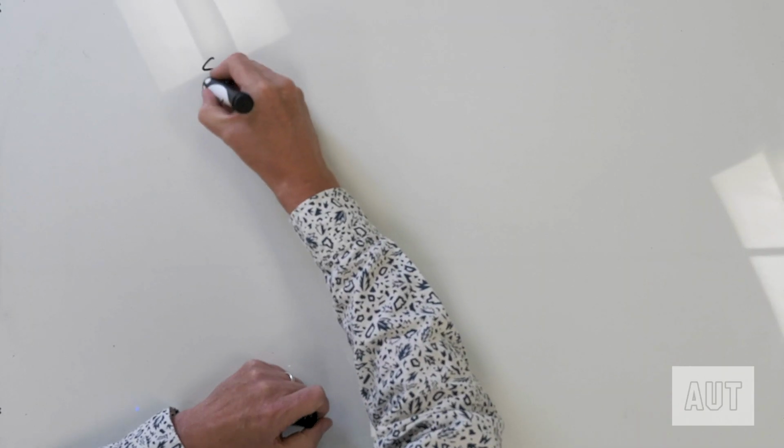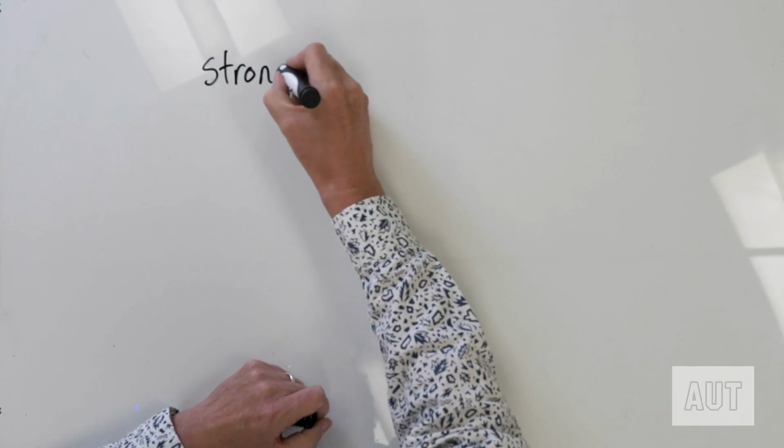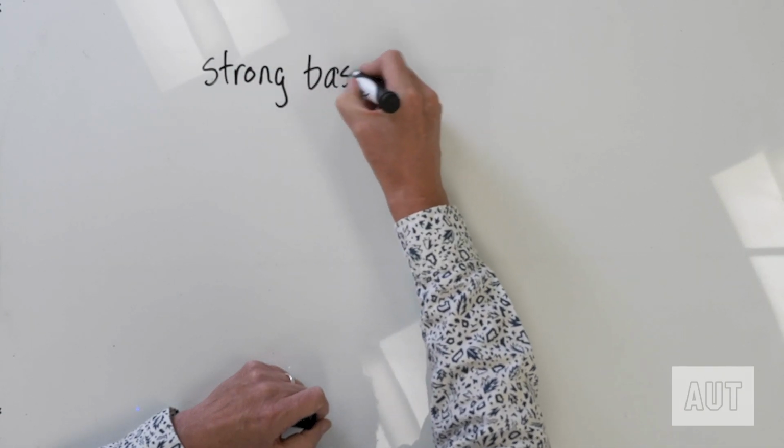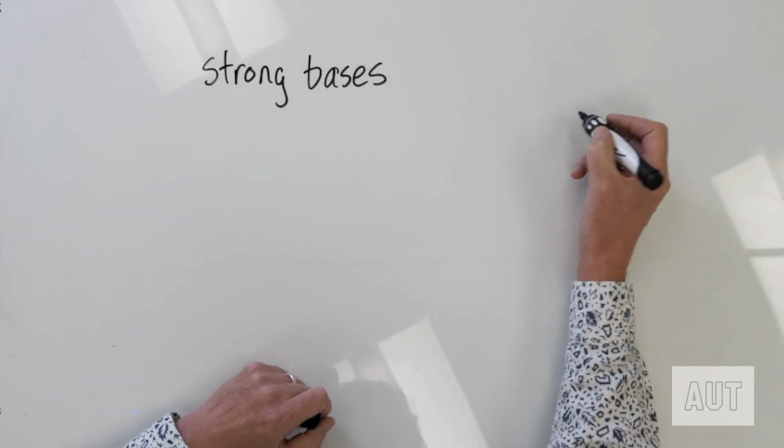Now, obviously, when we're talking about strong acids, we should also talk about strong bases. And surprise, surprise, strong bases deprotonate water completely. What are our examples of strong bases? Well, in fact, there aren't many strong bases at all, and pretty much they all involve the hydroxide ion.